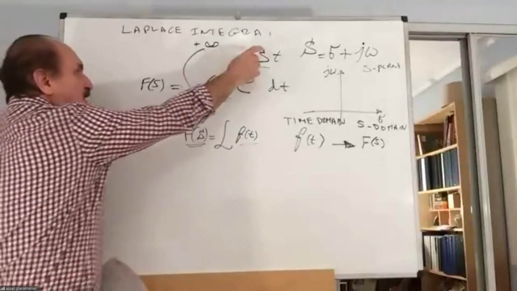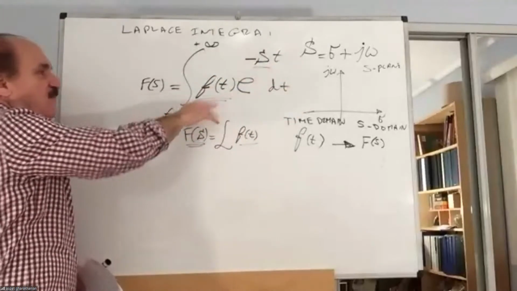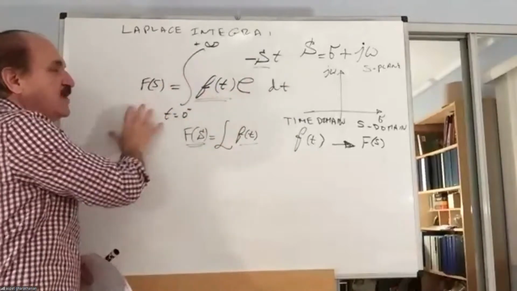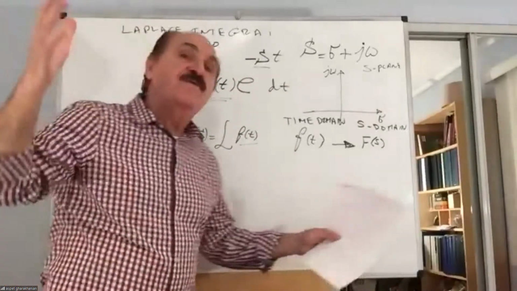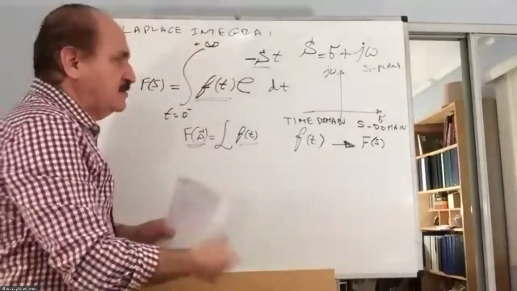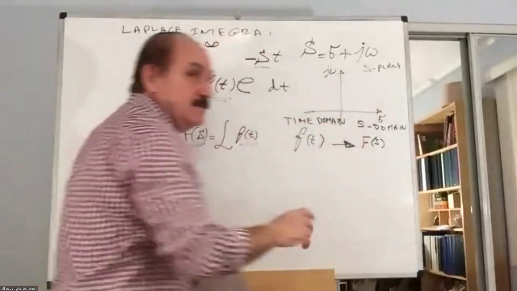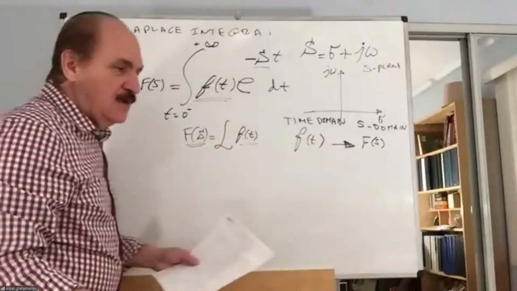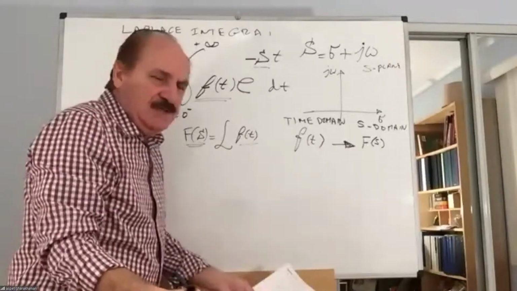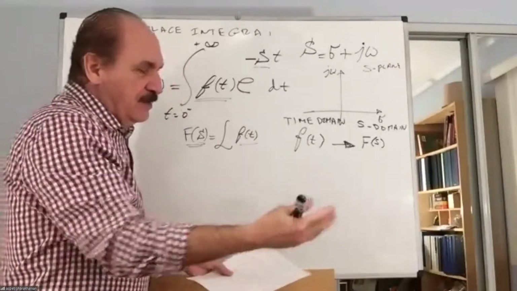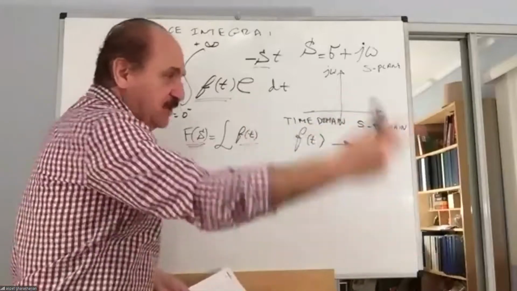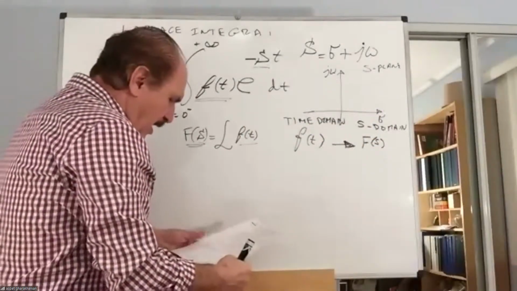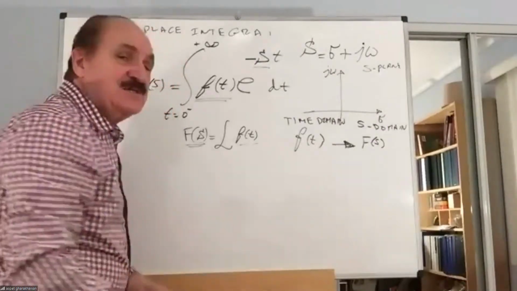So e to the power minus j omega t, f of t, will transform a function of time into a frequency domain. It will be a frequency domain, not s domain. The two are different. And that function will tell you what is the frequency content of a time varying function.